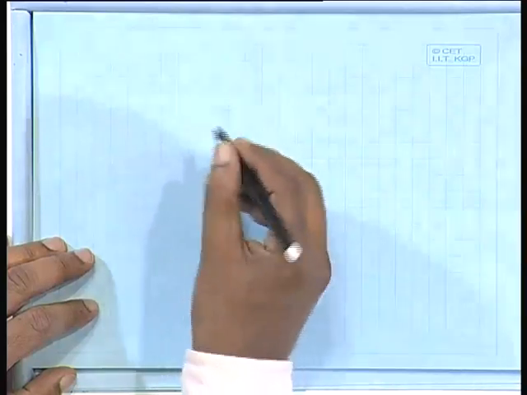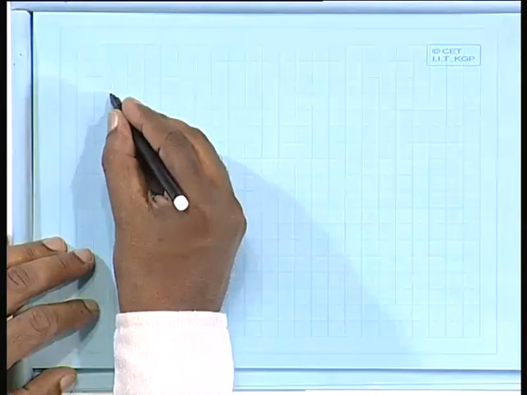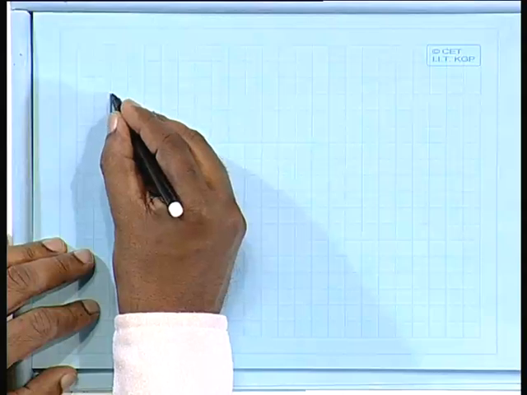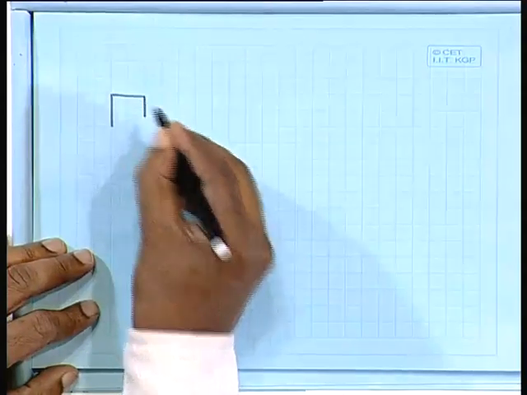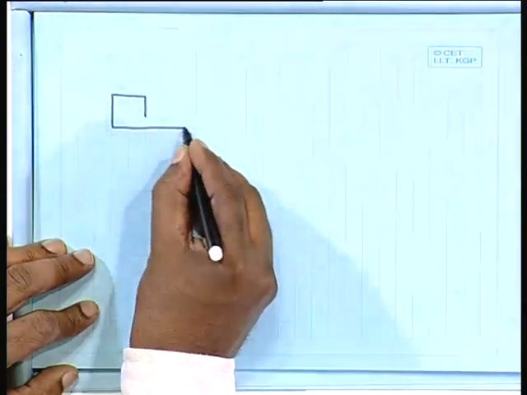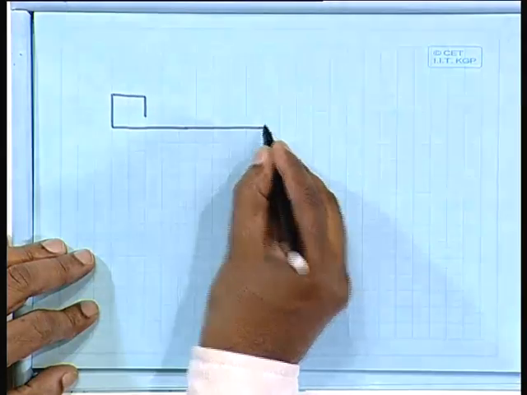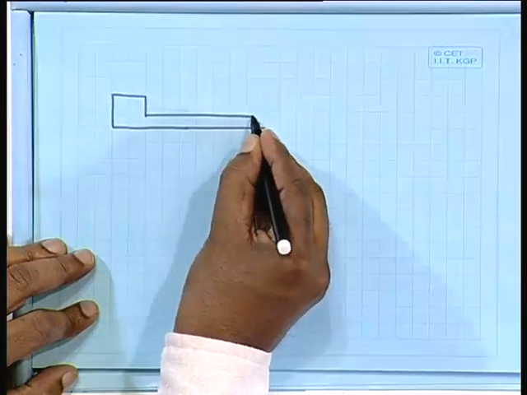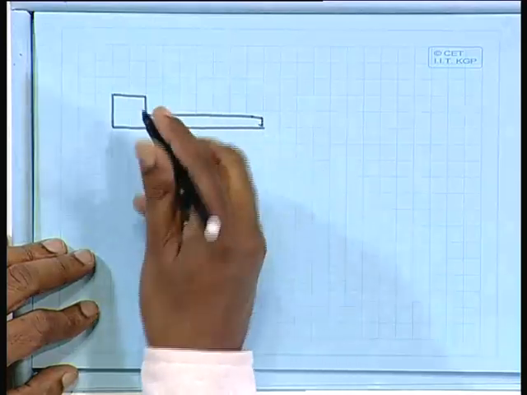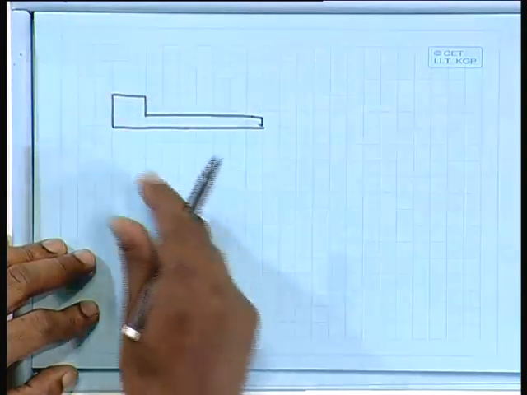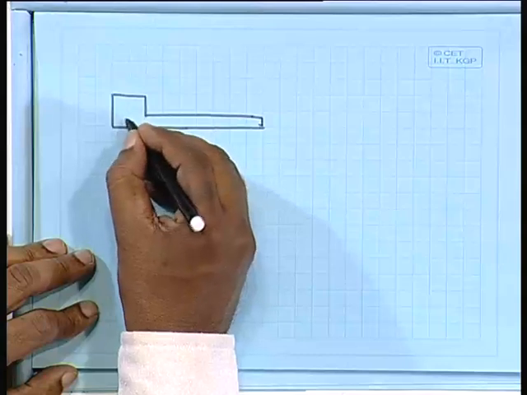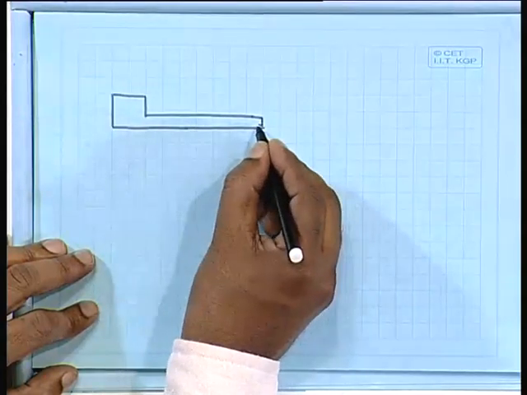and now let us see where the torsion is really applicable, where it acts. If we take a cantilever slab supported by a beam, a cross section I am drawing. It could be the other way also, beam. So, this is your beam, and this beam is supporting this cantilever slab.